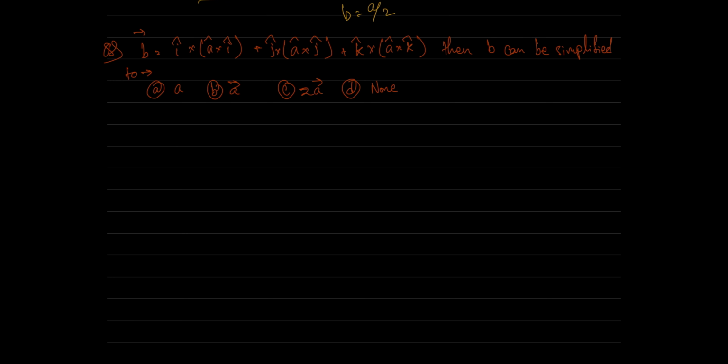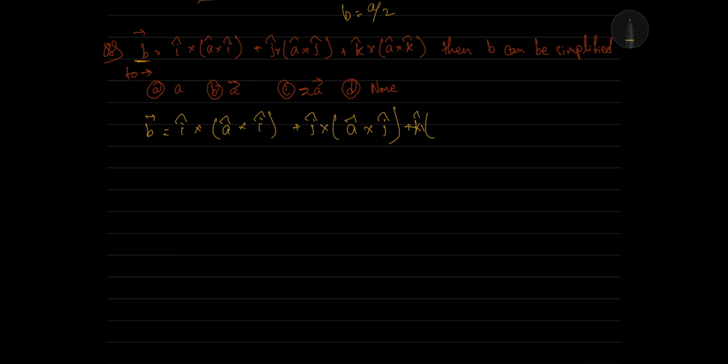Now for the next question, we have to simplify the vector. Let's simplify the vector b equal to i cross a cross i plus j cross a cross j plus k cross a cross k.